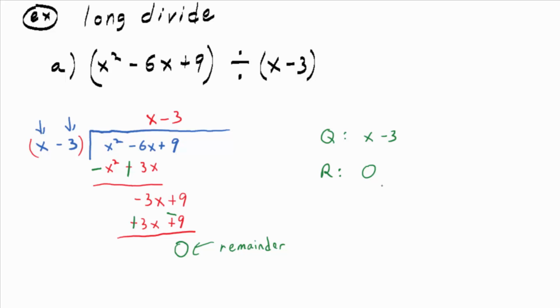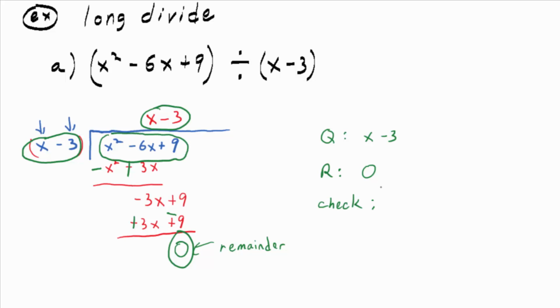So what does the check on division tell you then? Since the remainder is 0, the check on division tells you what? Okay, what's the check? You take the divisor times the quotient and add in the remainder, and that had better equal the dividend.